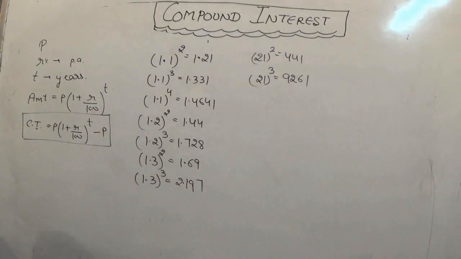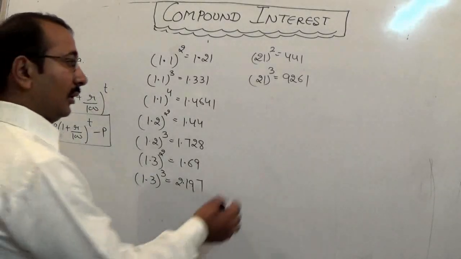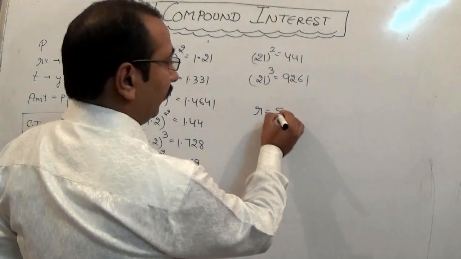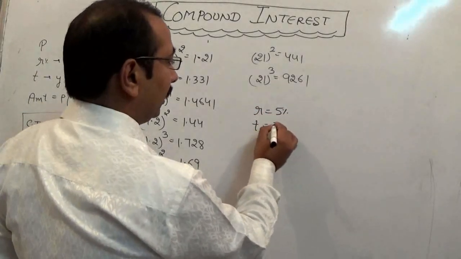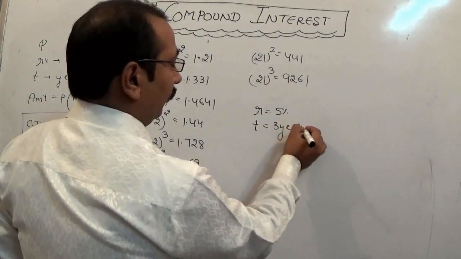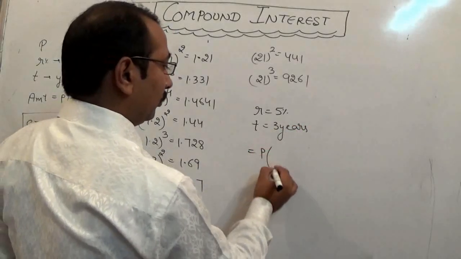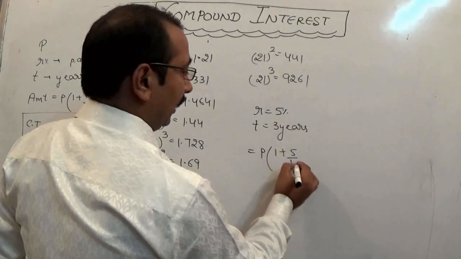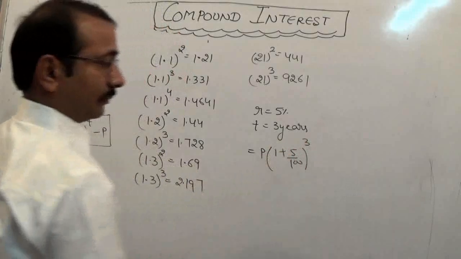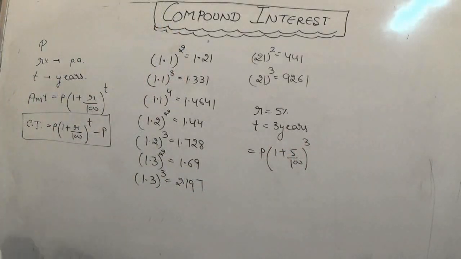Why am I asking you to memorize these things? Suppose in a question, the rate of interest is 5% and the time is 3 years. What are you supposed to do? Principal into 1 plus 5 by 100 raised to power 3.